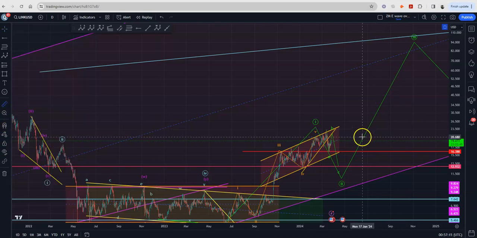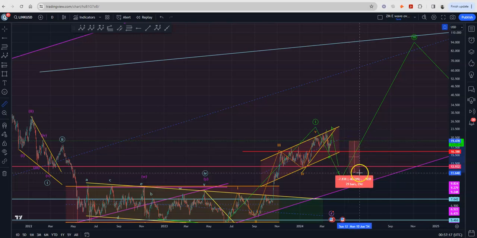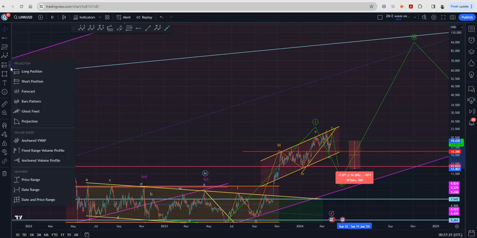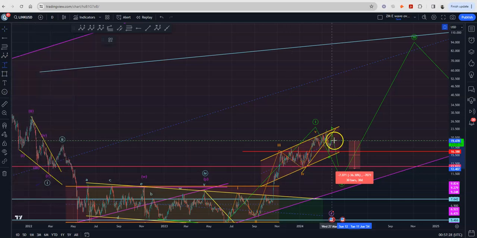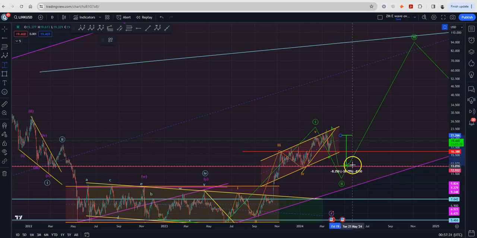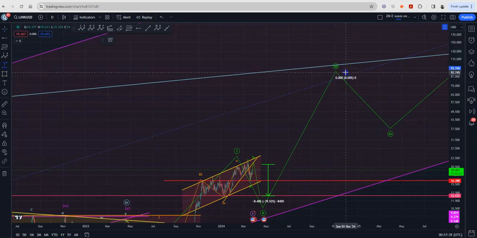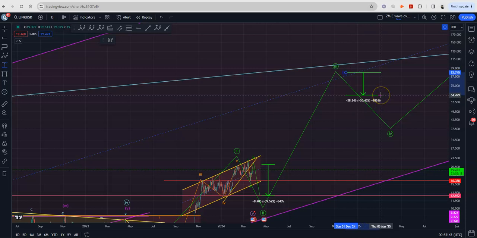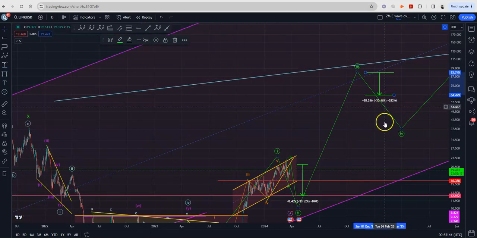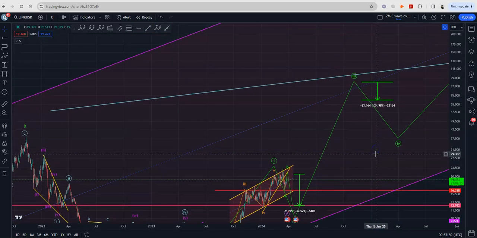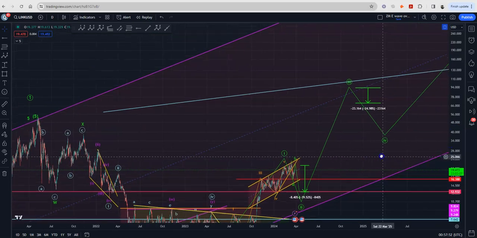Where's my measurement tool? This is it. Just like this one is the sharp correction of, say, roughly $36, this correction will be a sharp minus 40% correction. This one you should expect a lighter one, say 20%, 30%, roughly half, a little bit more than half of that. So that's what I'm expecting for Chainlink.